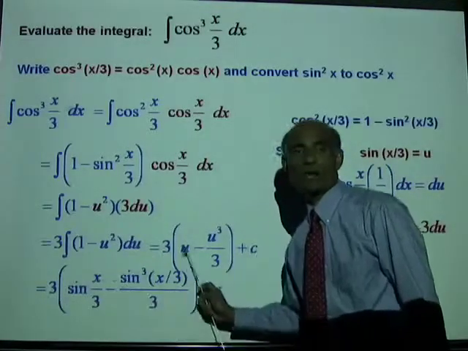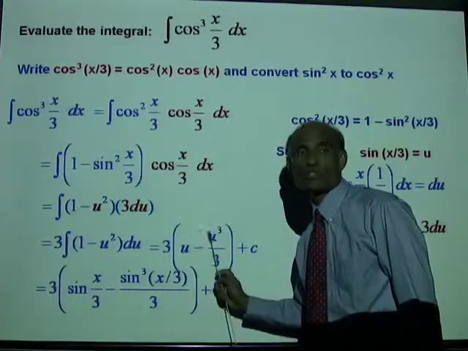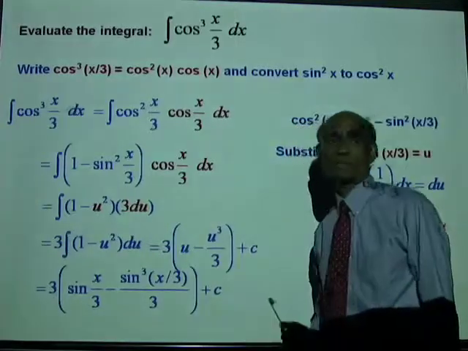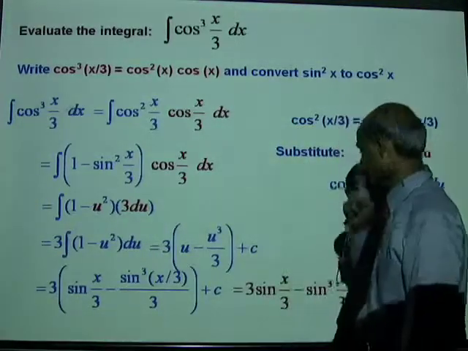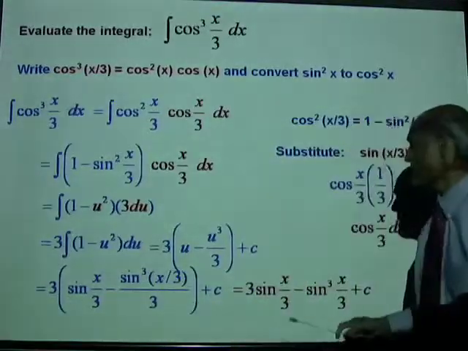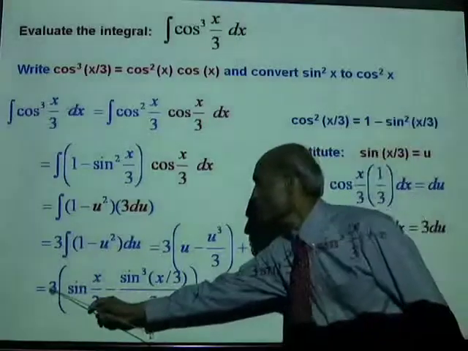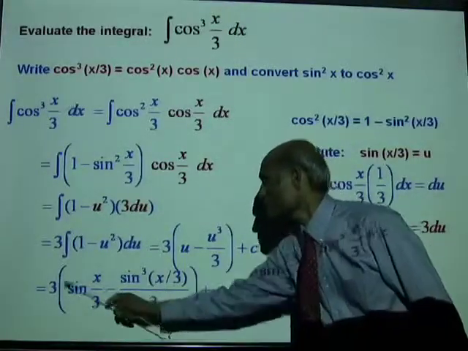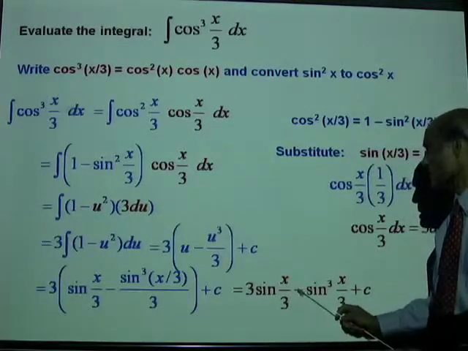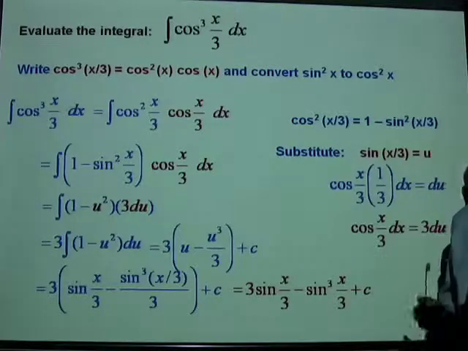That will be 3 times sine x over 3 minus sine cube x over 3 plus c. And if you want, just distribute that. It will be 3 sine x over 3, and then you distribute here, the 2 3's will cancel. So that will be 3 sine x over 3 minus sine cube x over 3 plus c is the result.